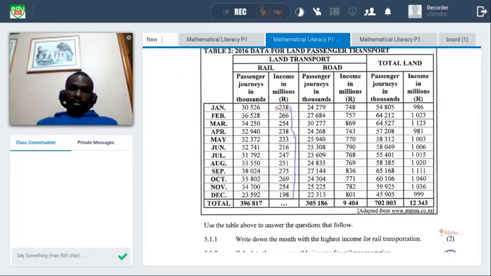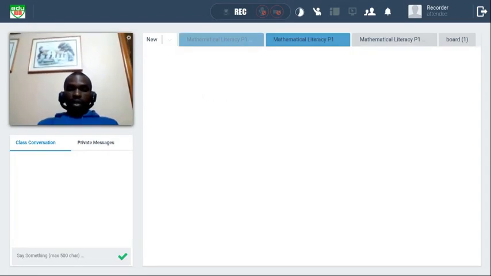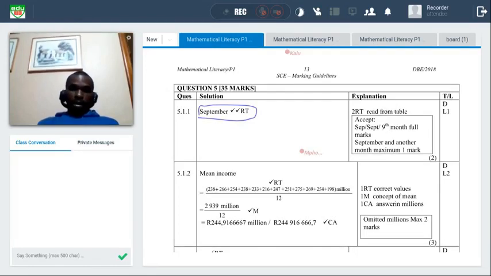It is the sum of all these divided by the total number of months you have in a year. So it's going to be 238 million plus 266 million plus 254 million plus 238 million, up to the last one, 198 million. Then you divide it by what? 12. It will give us the mean.